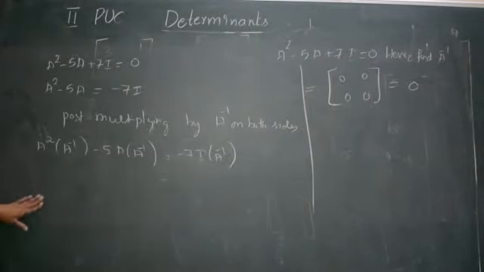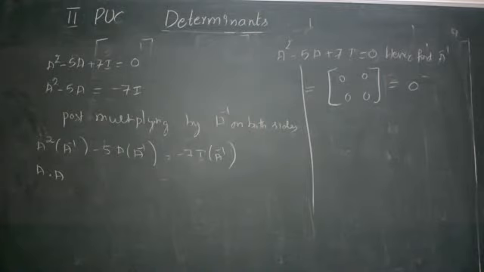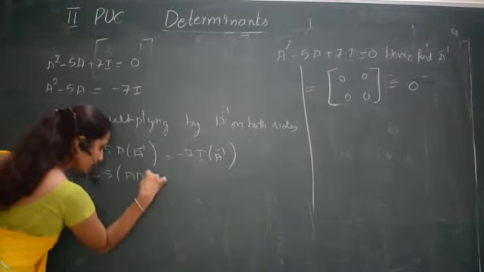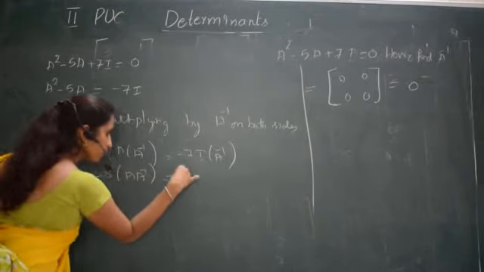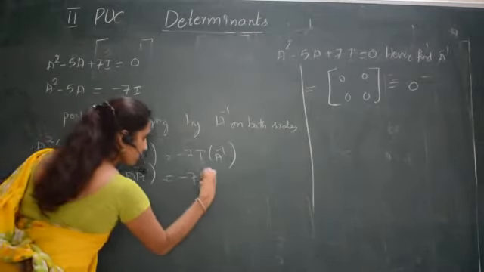We already know that A square can be written as A into A, and matrix multiplication is associative. So A into A into A inverse minus 5 into A into A inverse is equal to minus 7I into A inverse, which is A inverse.